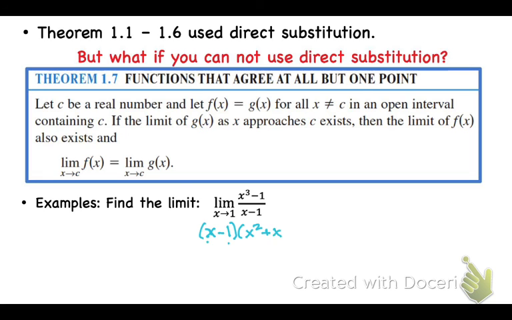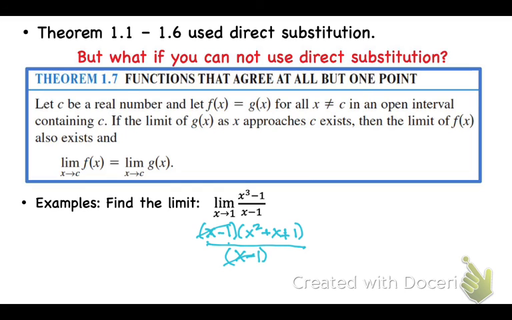So you get x, yes? And then plus, always, and square the last. 1 squared is what? 1. All over x minus 1. Can I reduce something? Yes, the x minus 1s.